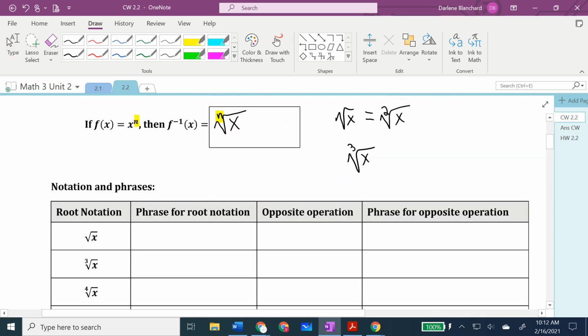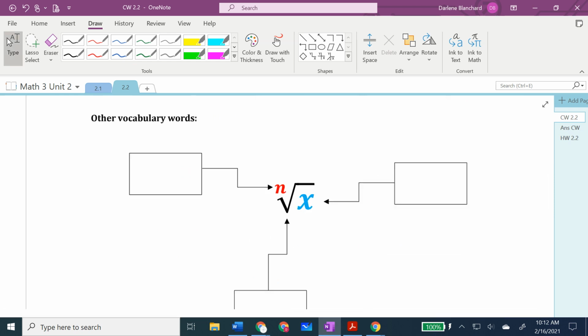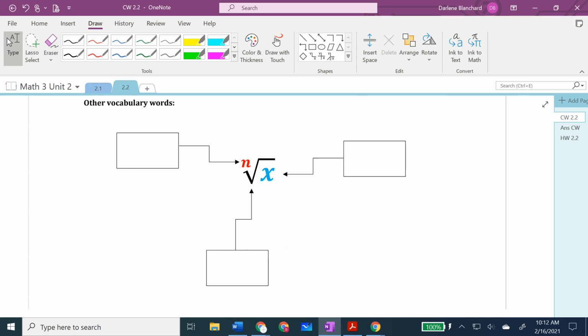Then you need to know these vocabulary words. The number that sits inside of the crease right there of that root symbol is called the index. I'm going to need to be able to say the index is 3, the index is 5, the index of the root is, and then tell you a number.